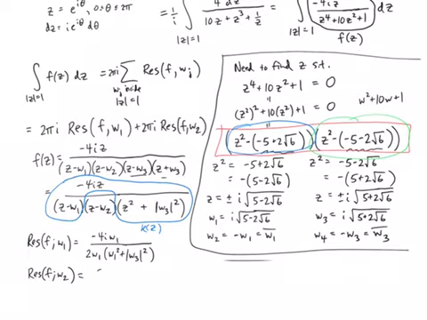And so again, we get negative 4i W2 over, let's see, we have W2 minus W1, but W1 is negative W2. So that's just going to be 2W2. And then we get W2 squared plus norm W3 squared.